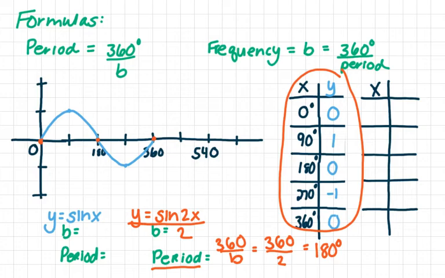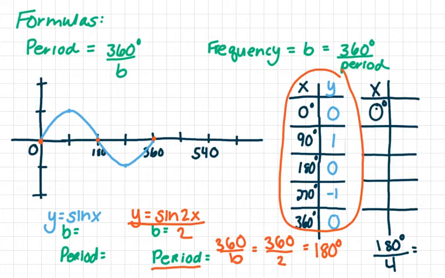My starting point will still be at 0 degrees. However, to find the remaining inputs, I need to divide my period of 180 degrees by the 4 remaining points.